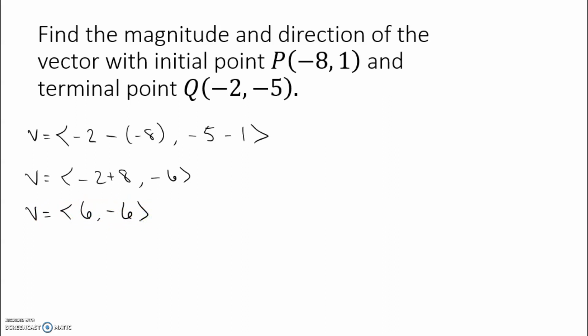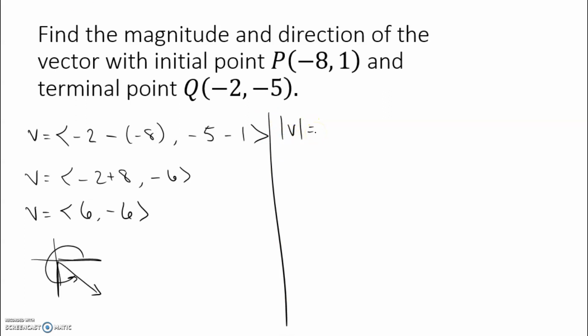Now notice this vector is going to terminate in the fourth quadrant because x is positive over here and y is negative right here. Keep that in mind when you're trying to find the angle. If we're trying to find the magnitude, that would be the absolute value of your vector. We're going to square root, this is my A, this is my B, so 6 squared plus -6 squared.